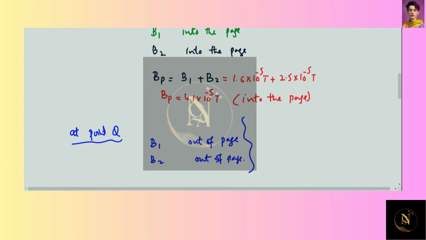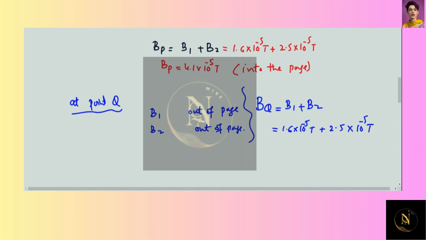So we have net magnetic field at point Q that is also out of the page, which will be equal to B1 plus B2, as we have B1 equal to 1.6 times 10 to the power minus 5 Tesla, and B2 equal to 2.5 times 10 to the power minus 5 Tesla. This gives us the net magnetic field at point Q equal to 4.1 times 10 to the power minus 5 Tesla, and the direction of field is out of the page.